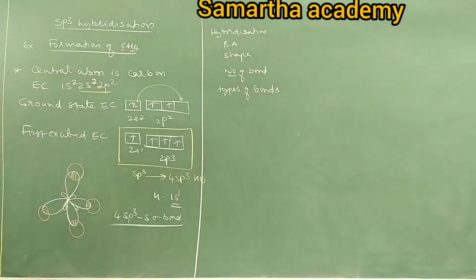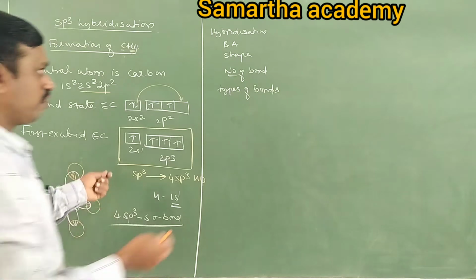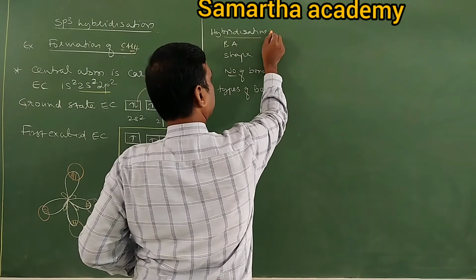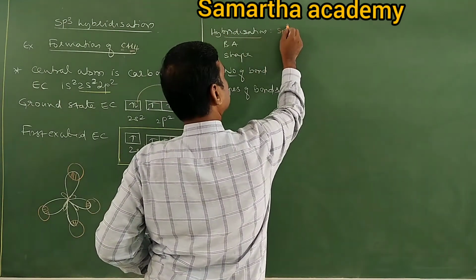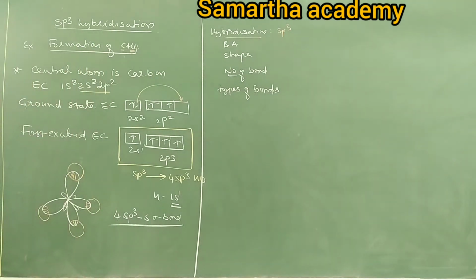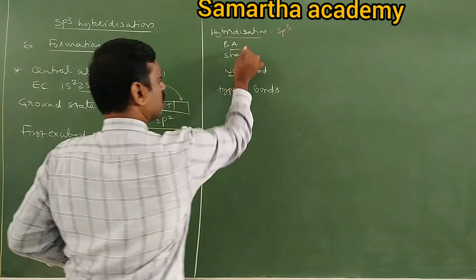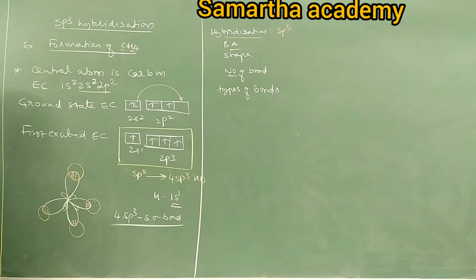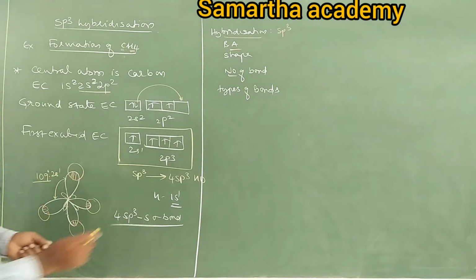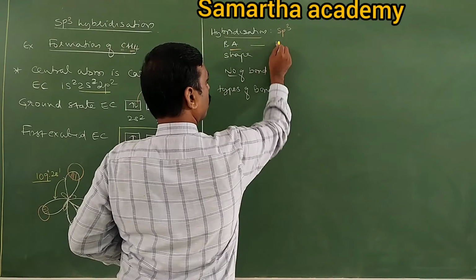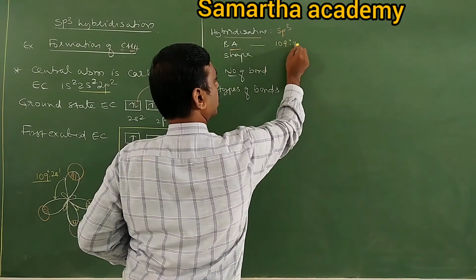Come on, tell me. What is the hybridization of carbon in methane? sp3. Right? Next, what is the bond angle? So the bond angle between any two sp3 is 109 degrees 28 minutes. Therefore, it is tetrahedral, 109 degrees 28 minutes.